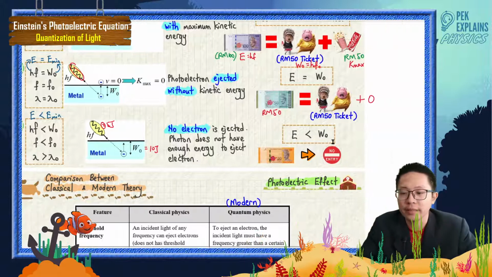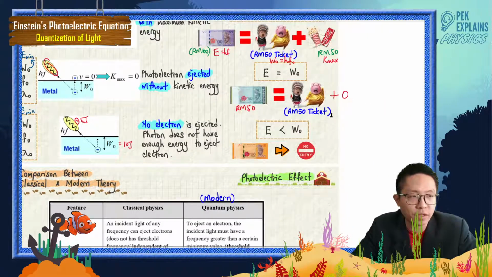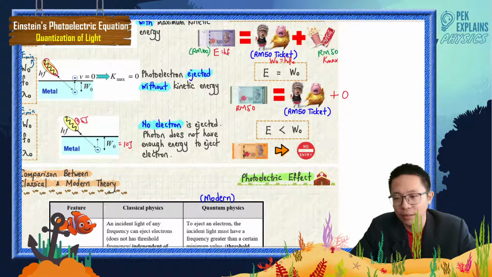So it's just like the ticket is 50 ringgit, but your mommy maybe you misused the money, and then you're just left with 20 ringgit. Can you enter the concert? No entry. Okay.